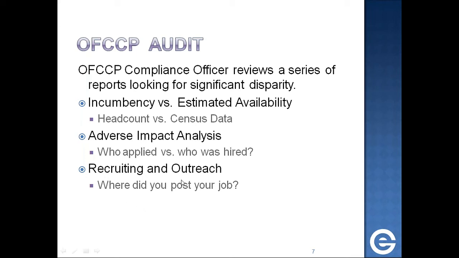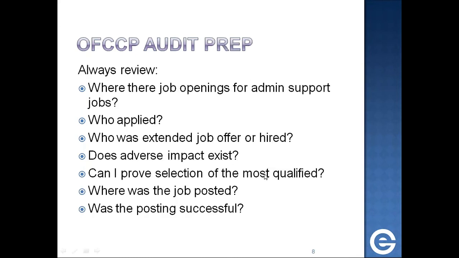They look at your recruiting and outreach. So if you're low in headcount and you have adverse impact, they want to know where you posted your job. During audit prep, we want you to know what to look for so that you're prepared in case you do get audited. Say there are job openings for administrative support jobs.